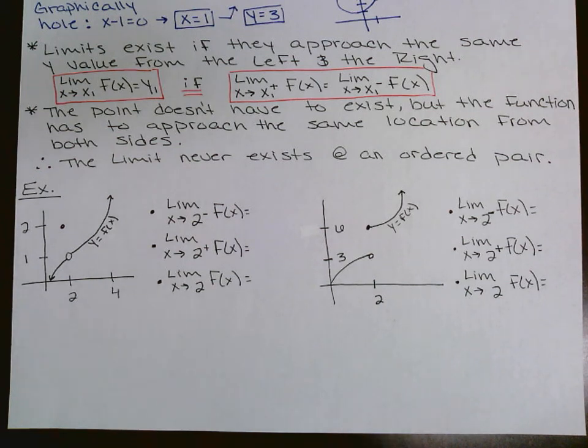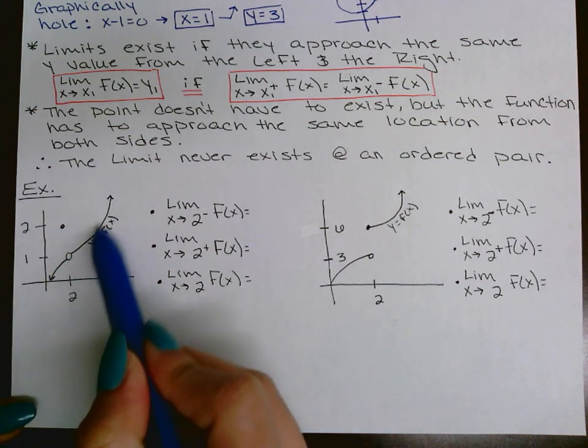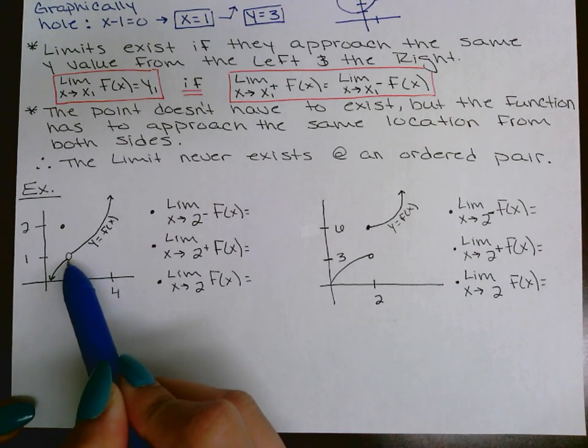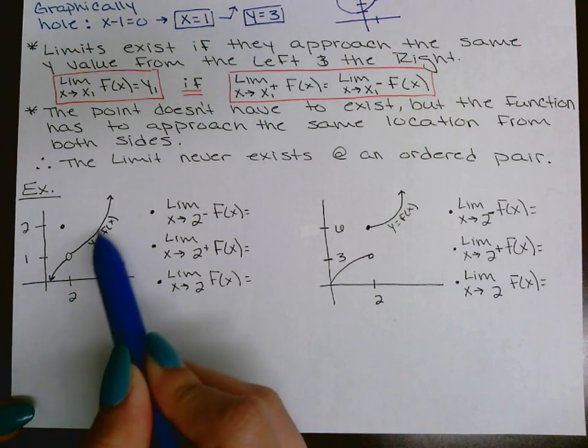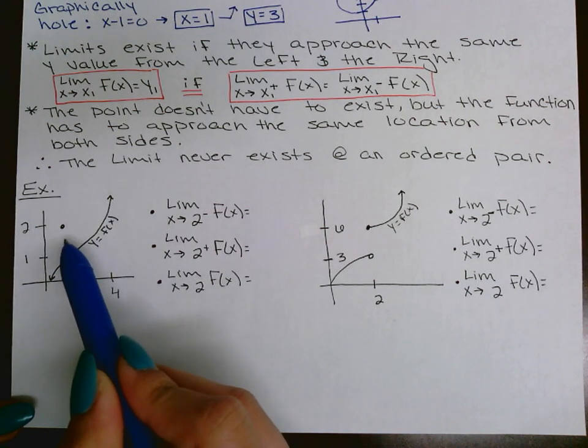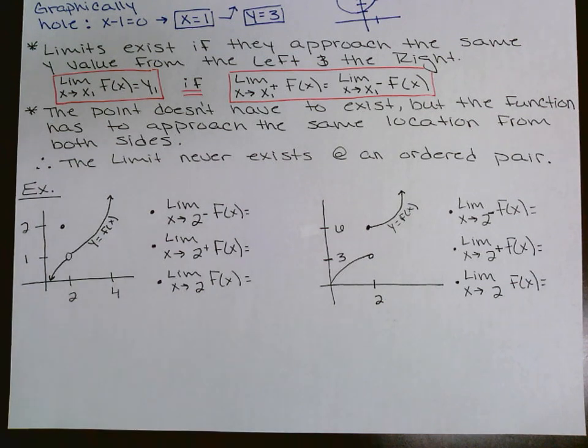So one scenario that will never, ever, ever have a limit is just a dot on your graph, an ordered pair. So look at this example that we're looking at over here. This function, even though it has a point that does not exist, the limit can exist everywhere, okay? This dot cannot have a limit because it has no function coming from either side of it.